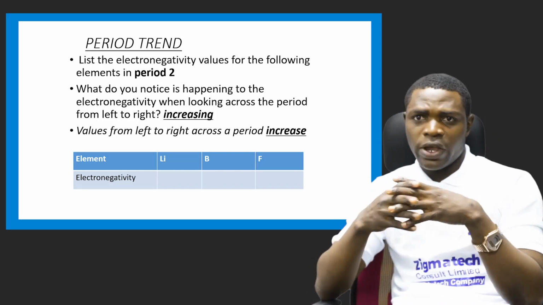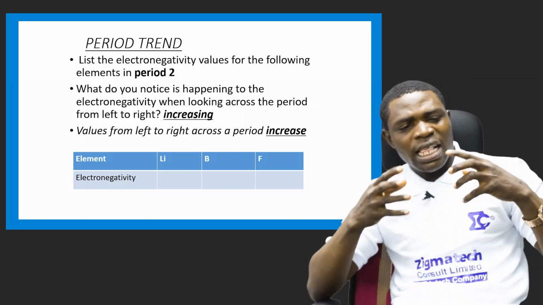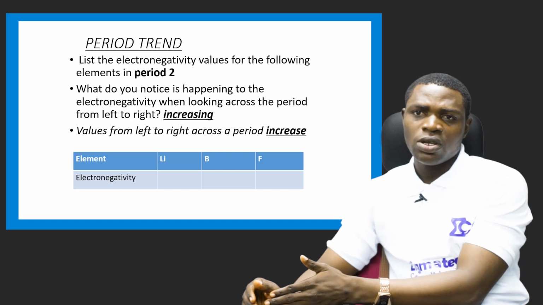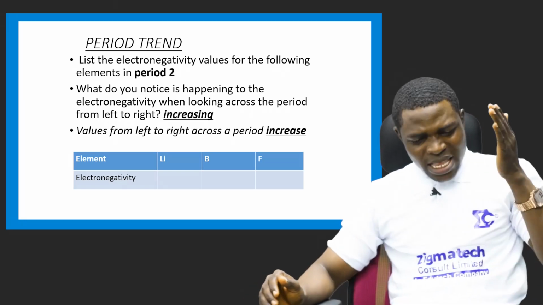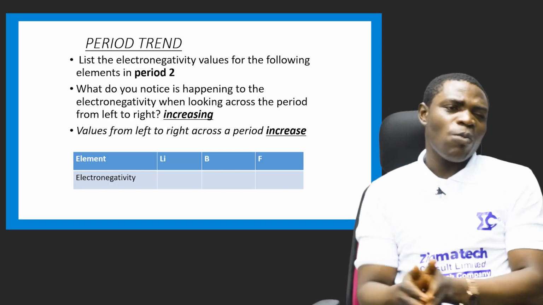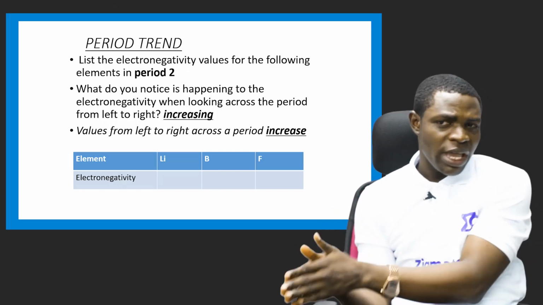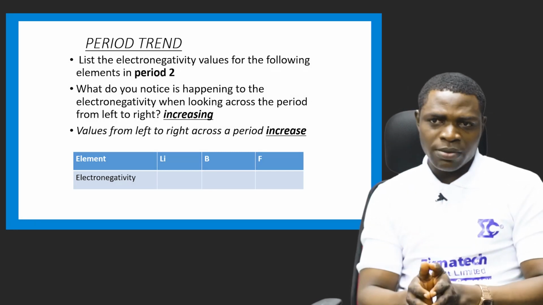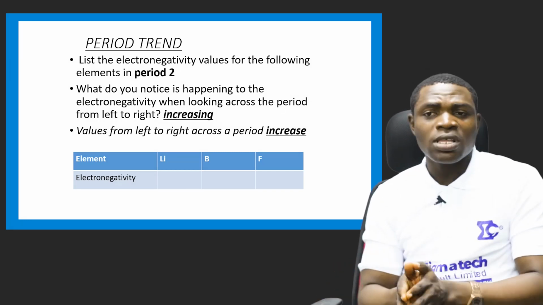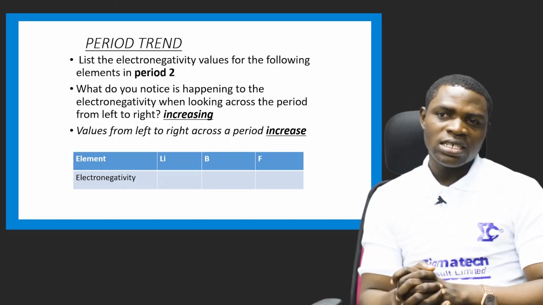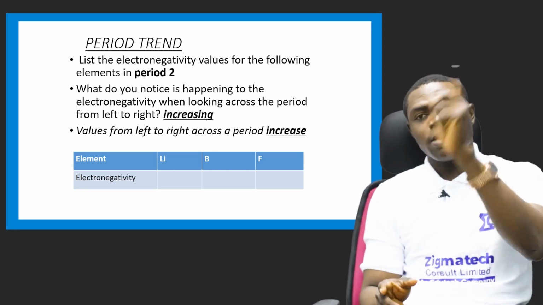So looking at the trend, you understand that electronegativity increases as we go across the period. Why? The electronegativity of lithium is lower compared to that of boron and fluorine. So if we ask which one of lithium, boron, fluorine has the least electronegativity, it is lithium, because it's a metal.